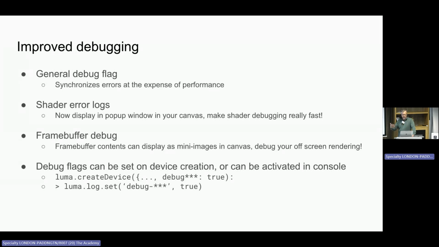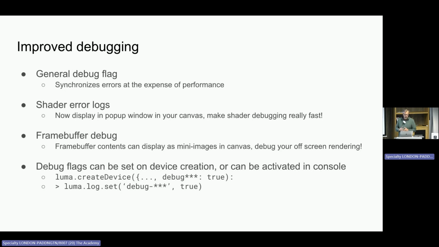But then you get a black screen, something's wrong. And so you really want to have these capabilities, right? You can't put any breakpoints in a shader. So we have the general debug flag that synchronizes errors. It throws an error right in the WebGL call where it fails, and normally that's asynchronous, so you get an error after a while and you have no idea what went wrong.